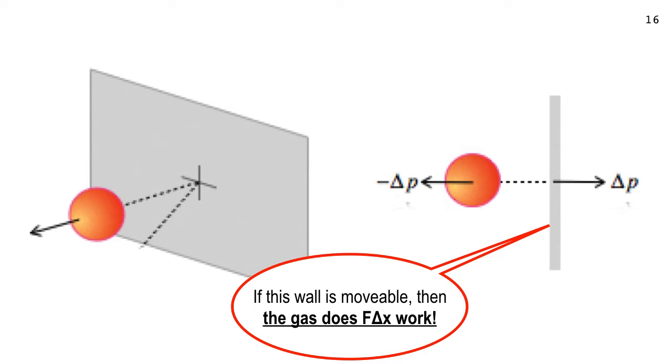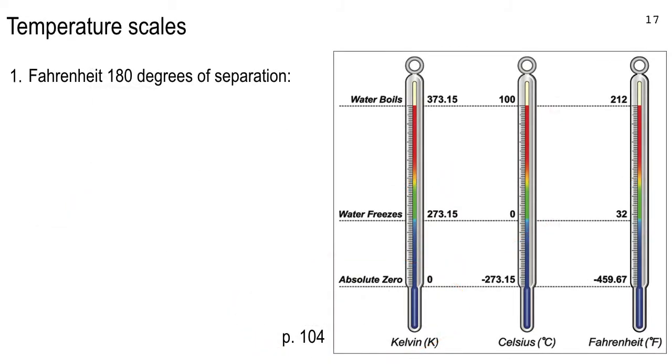And that's how you go from point A to point B in an internal combustion engine. Now, if you have an electric car or something, it's different, but that's just an electric motor. But F delta X work. So this whole idea of energy and work and temperature is associated.